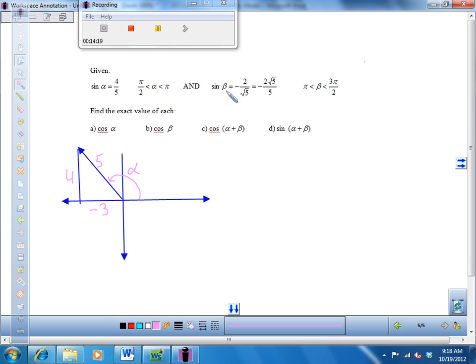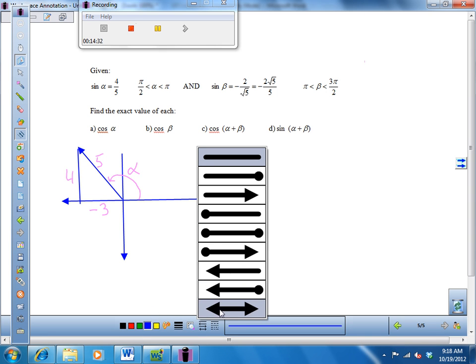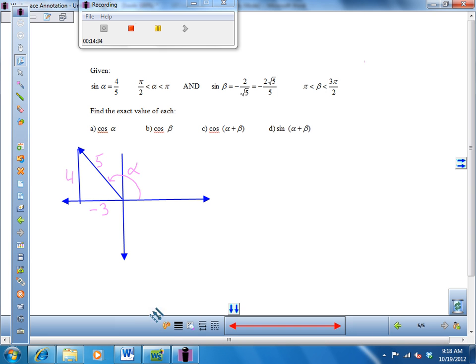And then you draw a different picture for beta. A whole different picture for beta. Which quadrant is this in if it's between pi and 3 pi over 2? Third quadrant.